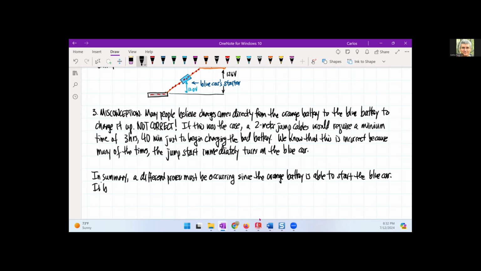It's because the orange battery electric incline immediately moves the charges in the blue car's starter.